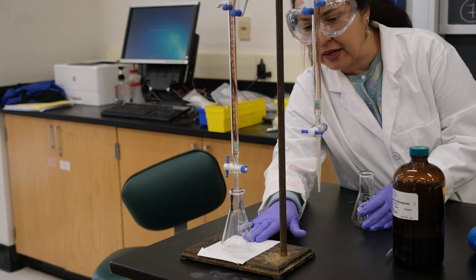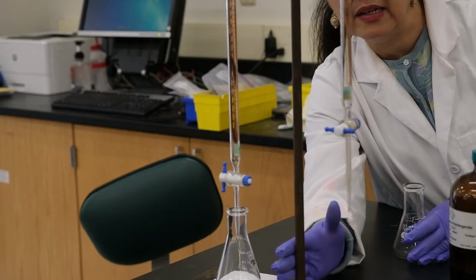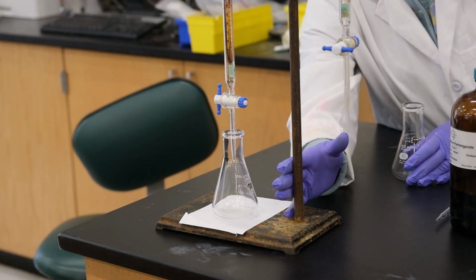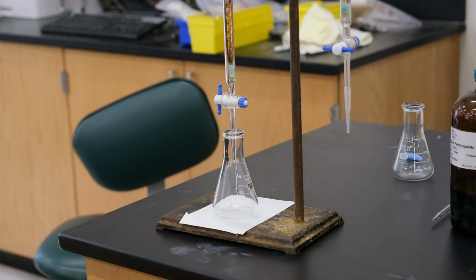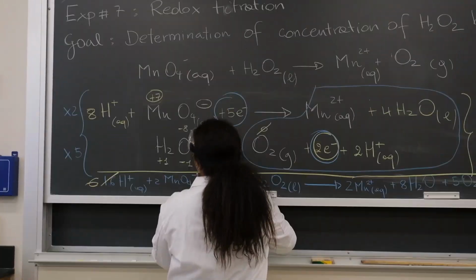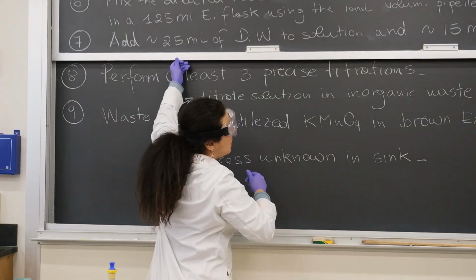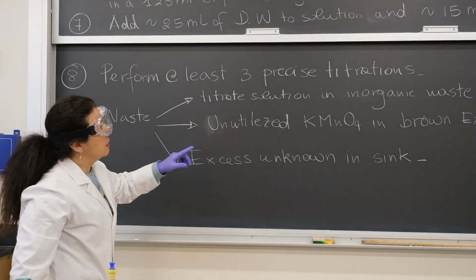Have a white paper underneath and white paper on the side of your apparatus for the titration, so that you can titrate until your solution reaches a faint pink color, okay?